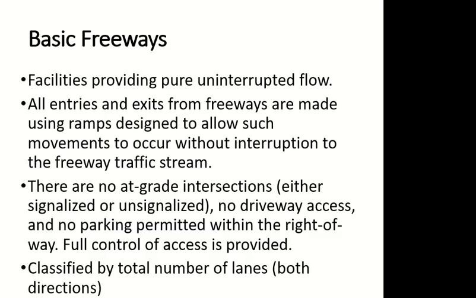The difference between one freeway and another is mainly the number of lanes. They don't have intersections, but they can have interchanges, meaning ramps. You use ramps to enter and exit these freeways. With no intersection, you need something to enter and exit, so those points have ramps.